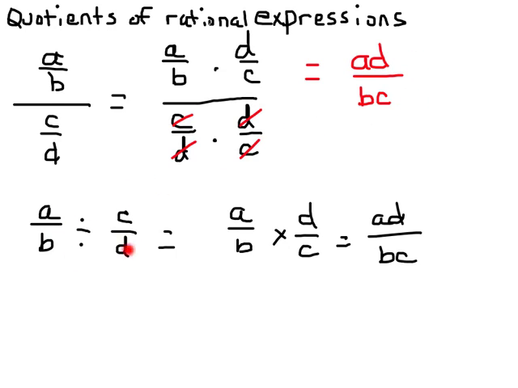Now we could say the same thing if this were written with the old-fashioned division sign instead of the fraction bar, which really means the same thing. We need to change this sign to multiplication, we need to invert the second fraction, and then we multiply across, and we get the same answer. Isn't that easy?